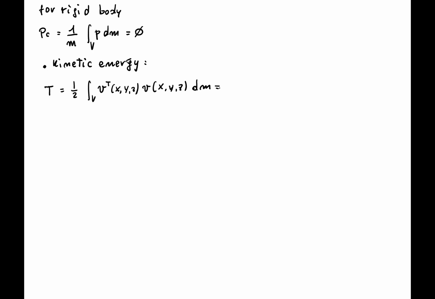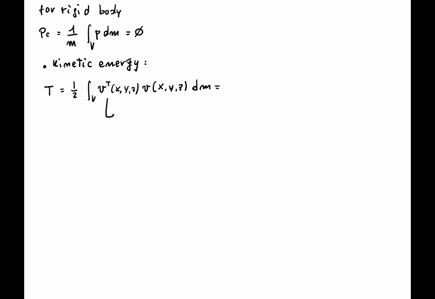Remember that we can express the velocity of a point in a rigid body using the fundamental kinematic relation for rigid bodies. We can relate the velocity of a point of a rigid body to the velocity of another point, for example the center of mass, plus the vector product of the angular velocity of the body times the distance of this point from the center of mass.